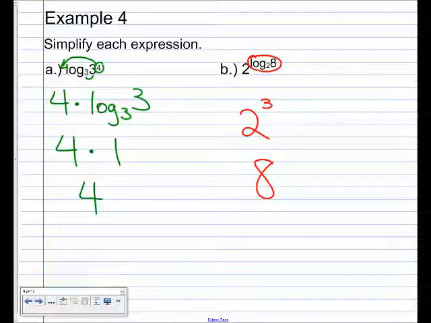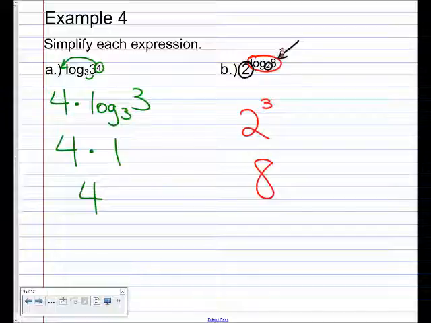So again, if you were to recognize that the base here is the same as this base in my logarithm, then it's just going to be equal to that argument of 8. So again, I can't stress it enough, the inverse properties are not that important in terms of they just help you go quicker if you recognize it. You should be able to evaluate or simplify all of these using those properties we already discussed.